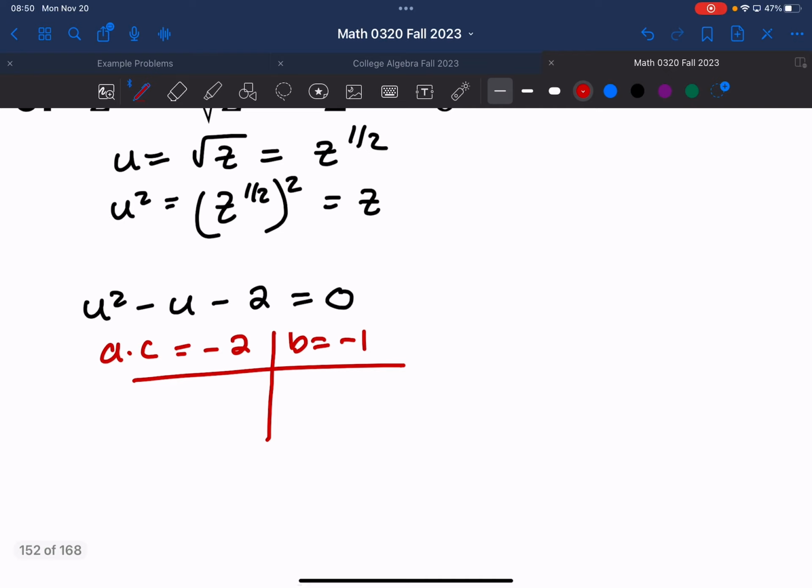So two numbers that multiply to -2 but add to -1 would be -2 and +1. Then you should have used this to expand. So u squared minus 2u plus u minus 2 equals 0.